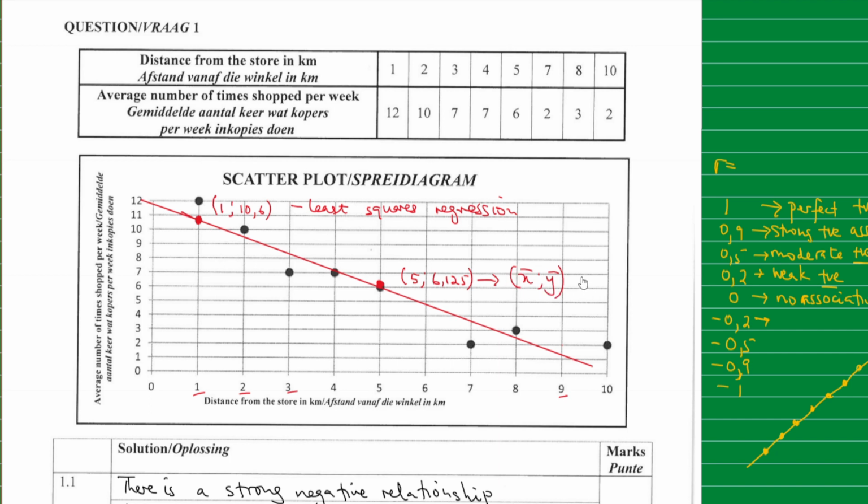This is compulsory, so we call this one the mean point, which is the average of these values, the mean of the X data values and the mean of the Y data values. So then you have to draw a line passing through that. So I was supposed to extend it further to the end here. Okay, make sure that it crosses the x-axis up to the x-axis, and they are also over here.